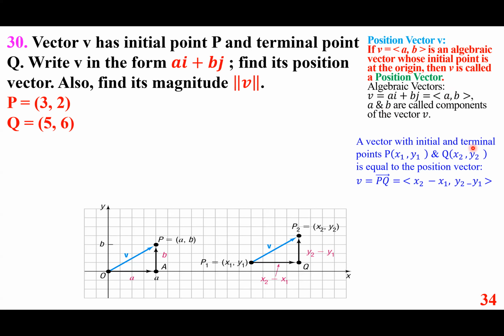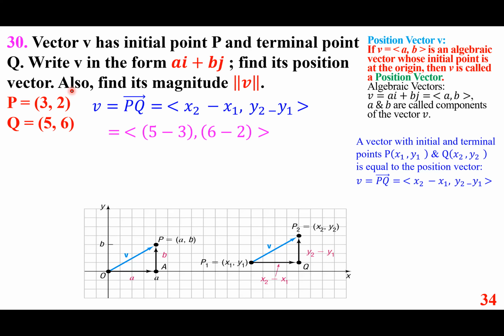A vector with initial point x sub 1, y sub 1 and terminal point x sub 2, y sub 2 is equal to the following position vector. So with that being the case, x sub 2 minus x sub 1, 5 minus 3, and y sub 2 minus y sub 1, 6 minus 2.